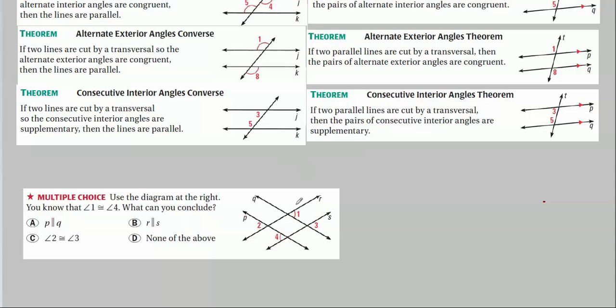The other half of the alternate interior angle pair for angle 1 is over here. And for angle 4, it's over here. These two angles really have nothing to do with each other, with respect to any theorems or postulates that we have in our tool bag yet.